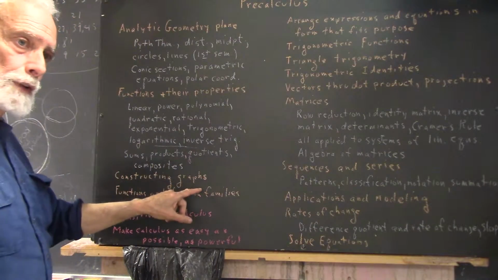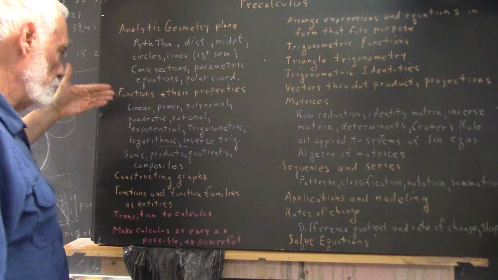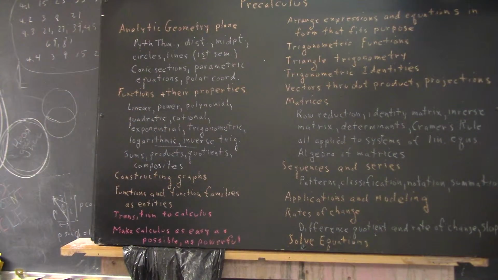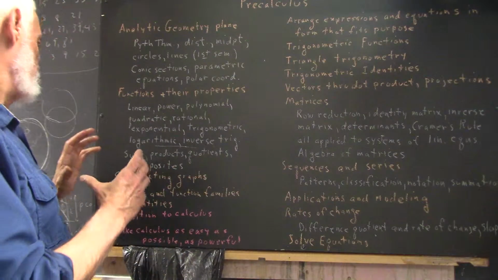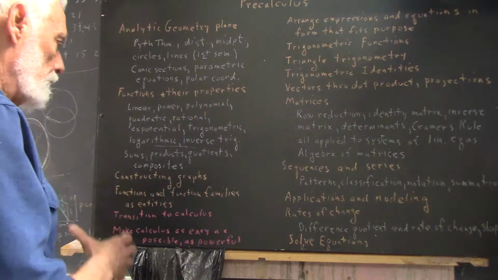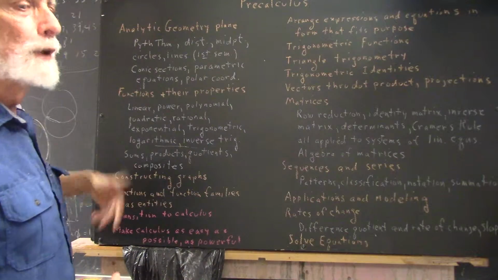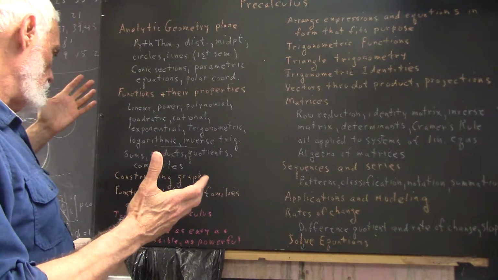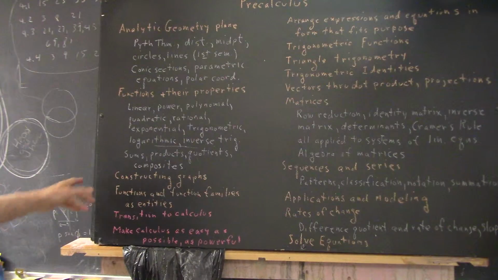Now, graphs are constructed by knowing graphs of very fundamental examples of various different types of functions, and by knowing how to transform a graph, how to transform a function by transforming a graph, how to transform a function into the desired form by using translations and stretches and compressions, okay?